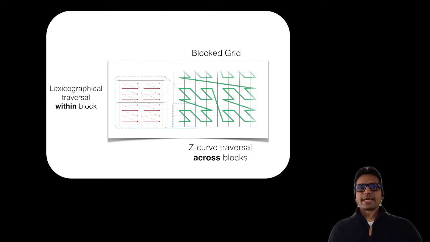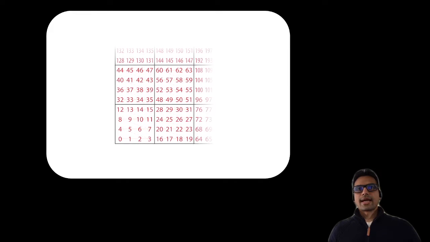SPGrid in fact uses a hybrid ordering where it organizes data into blocks. Entities within a block follow lexicographic ordering, and blocks themselves follow a Morton ordering. To understand how this indexing works, let's look at four of these 4x4 blocks. Just for our understanding, I have enumerated the entities inside these blocks according to their linear index.